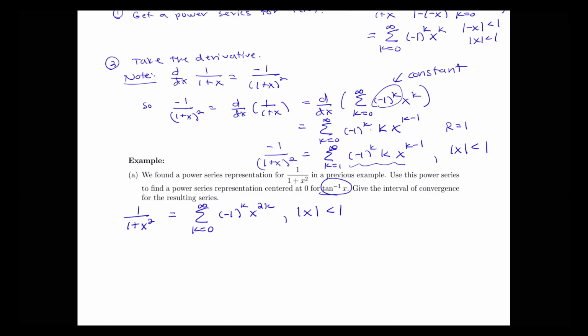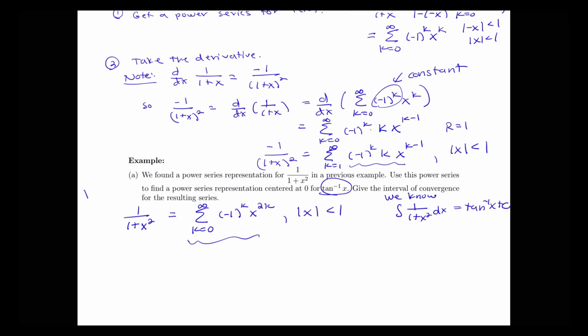So what's the relationship between 1 over 1 plus x squared and the inverse tan function? Well, we know that the integral of 1 over 1 plus x squared dx is equal to tan inverse of x plus c. So I want to integrate this power series representation to get a power series representation for tan inverse x.